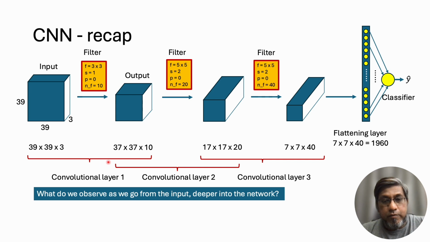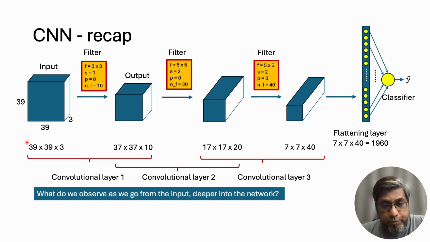And clearly, what was the observation that we had when we pass an image from one layer to the other through the convolutional neural network? Basically, what we notice from these dimension information here is that the dimensions in terms of the width and height of the image become smaller and smaller as the image passes through each of the convolutional layers.